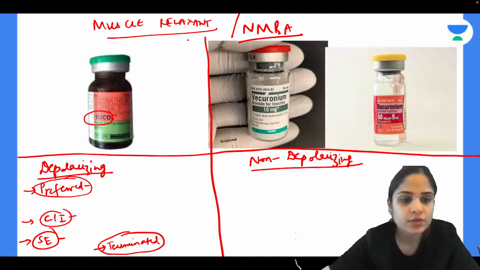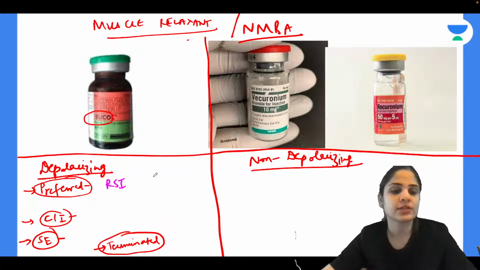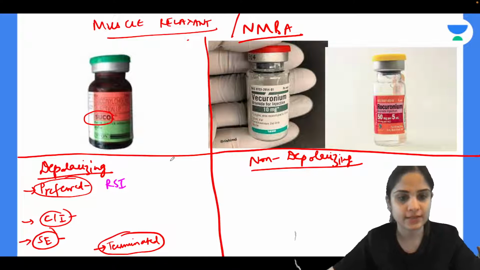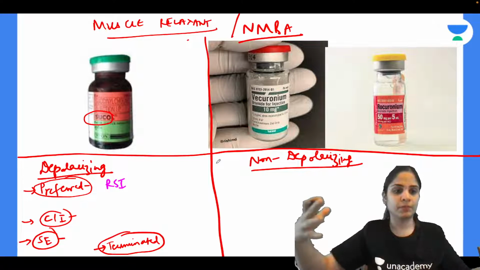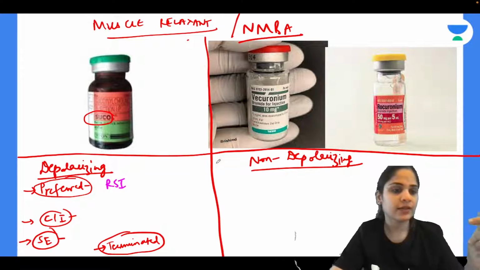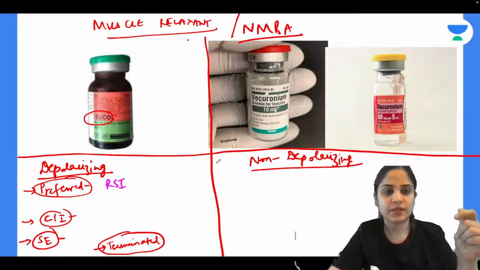Okay, very good. So scoline is preferred in rapid sequence induction. What is rapid sequence induction? If you have a patient in whom you have to quickly give anesthesia. For example, a patient has come for emergency surgery with a blown up abdomen, like he's having obstruction or perforation, you want to give anesthesia very quickly, and the patient has high chances of aspiration pneumonia.